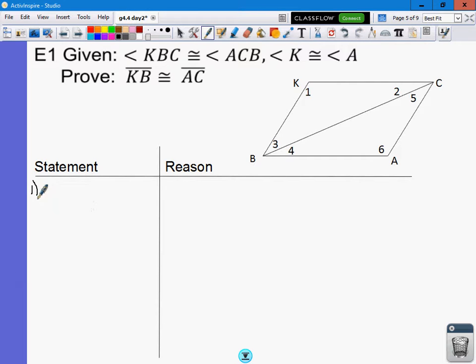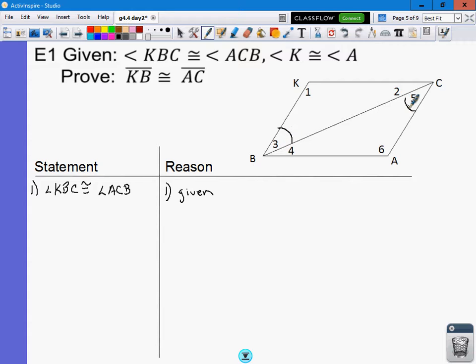No different than yesterday. What's the first thing we are going to put down? I'm going to write in the given information. They gave me angle KBC was congruent to angle ACB. When they give you two things as being congruent, make sure that you mark them in your picture as being congruent.